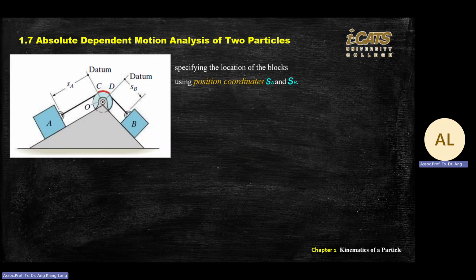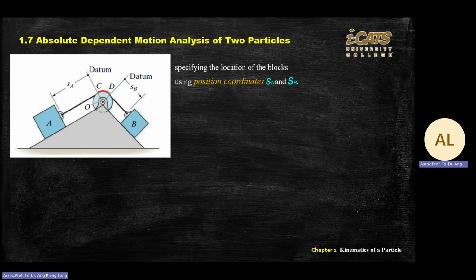Okay, now if you understand the motion, we put in some parameters. For the two-particle question, what is important is this word, datum. Datum is your reference point. Without a datum, you cannot solve this question. So first, when you look at a question, you need to identify your datum.